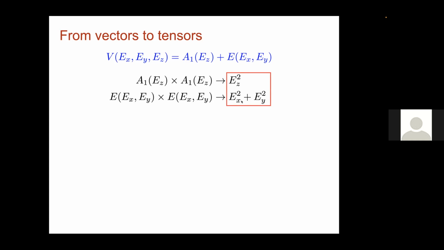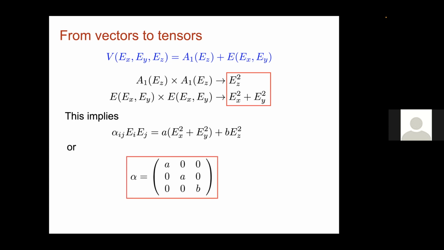Okay, so this means that the energy, which is even like this, necessarily is a combination of these two things. So it only depends on two constants. In matrix form, this is this. So we have obtained, with very, very little effort, the most general form of the polarizability for any molecule with symmetry C3V.